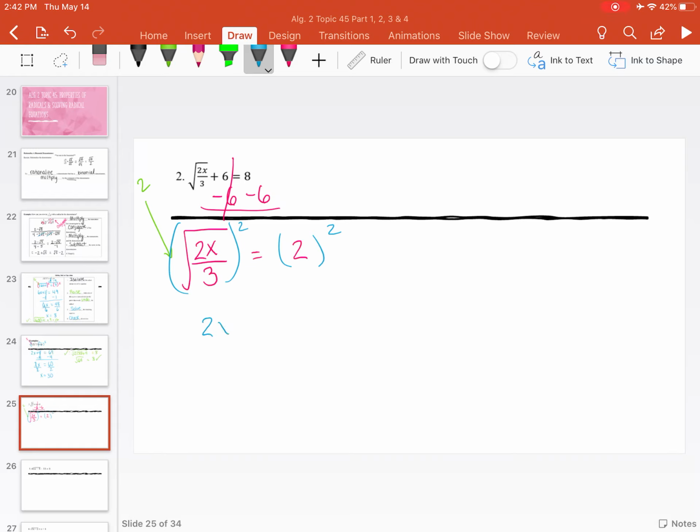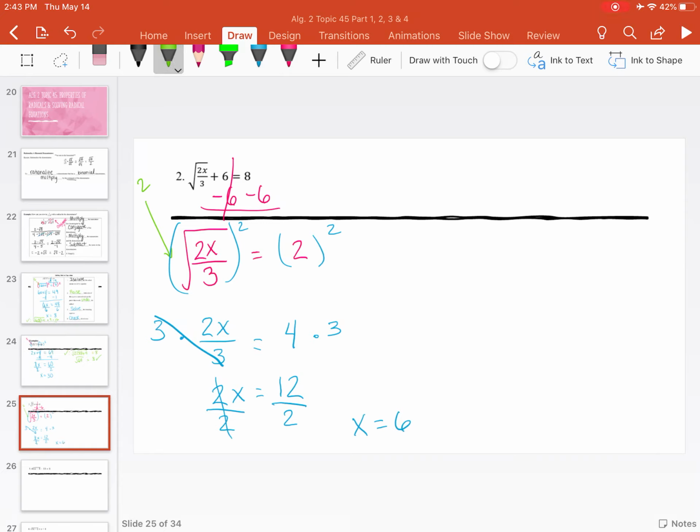I'm left with 2x divided by 3 equals 2 squared, or 4. Now I can multiply both sides by the reciprocal of 1/3, which is 3. And I get 2x equals 4 times 3, or 12. Divide both sides by 2 to solve this one-step equation, and x should equal 6.